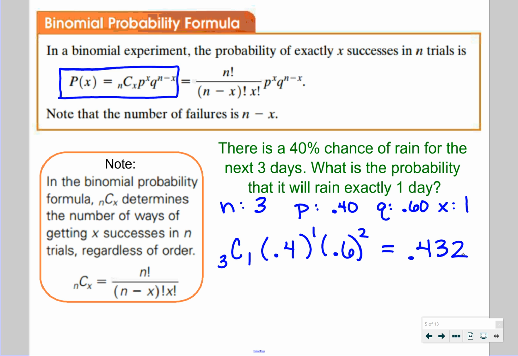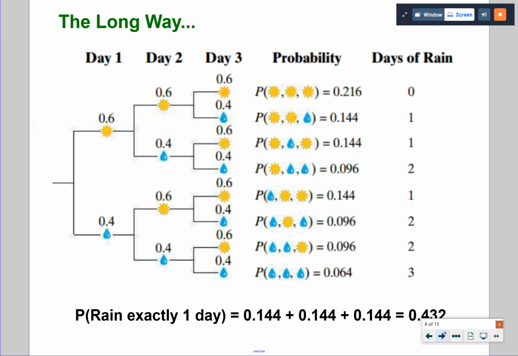Good? Okay, now let's say I didn't use this formula and I wanted to figure this out by hand. It would look like the following, and this is just for 3 days with one thing happening. Imagine if we had larger numbers. You would make a tree diagram with day 1, day 2, and day 3. So these are all the different things that can happen here. It can be sunny 3 days, it can be sunny and then rain, it can be sunny, rain, sunny.